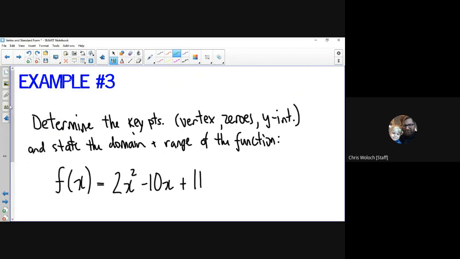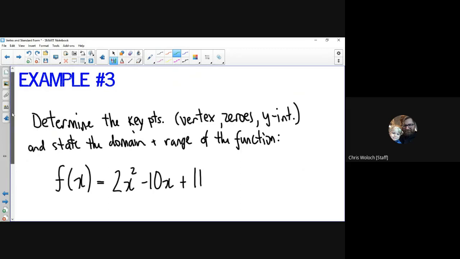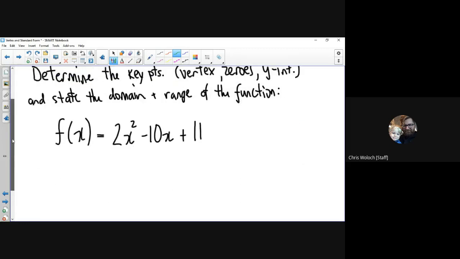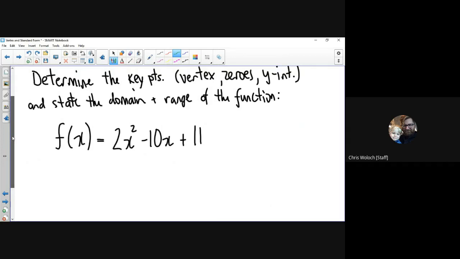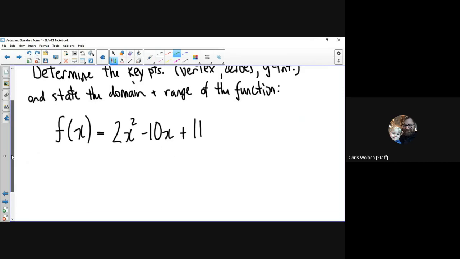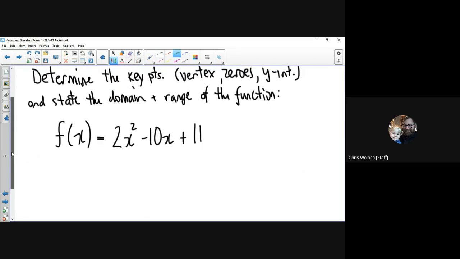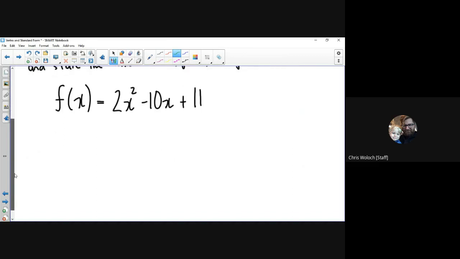So again, determine the key points, vertex, zeros, y-intercept, and say the domain and range of the function f of x equals 2x squared minus 10x plus 11. So the one we just dealt with. We're going to do the same thing that we did in the previous example, but this is now an equation in standard form, which is unfortunately a little more annoying. It requires more work.